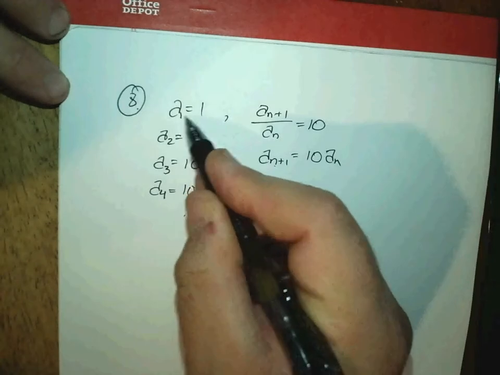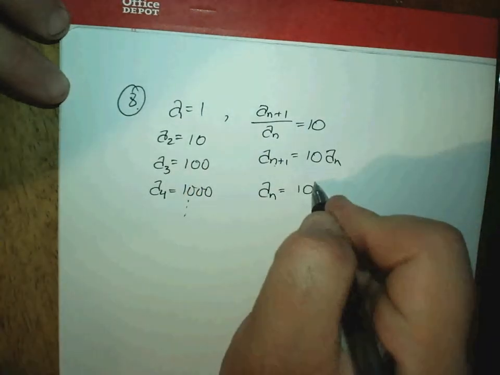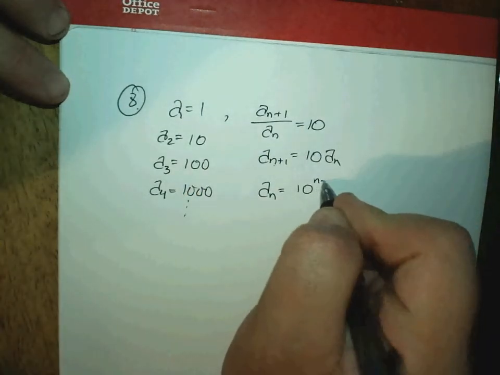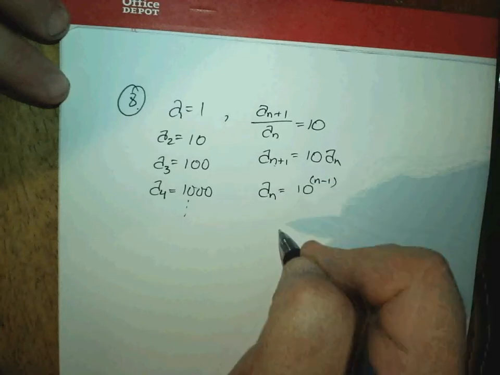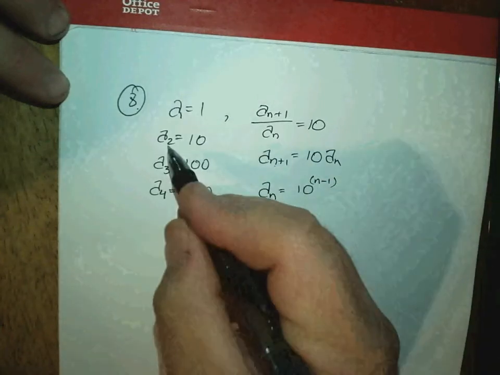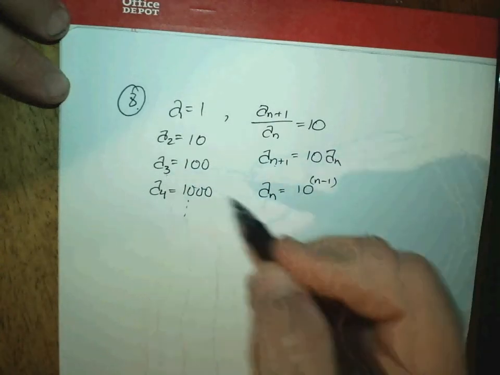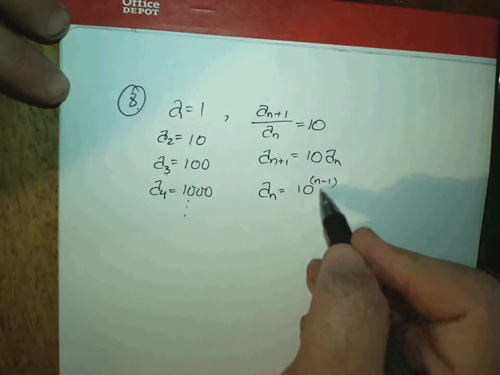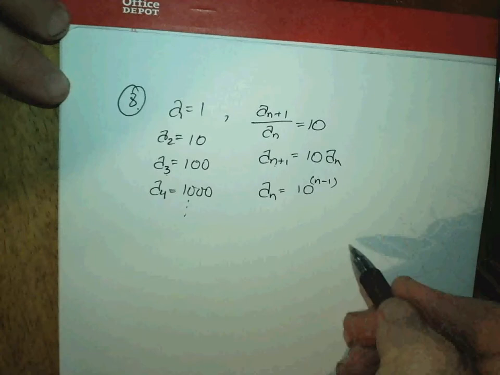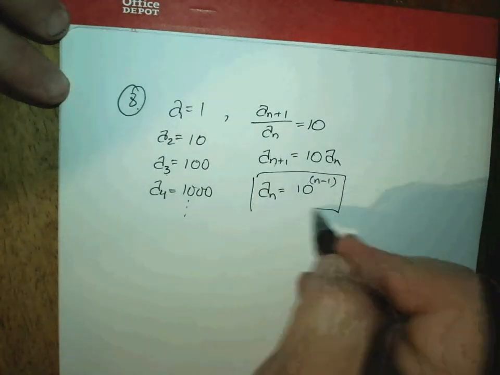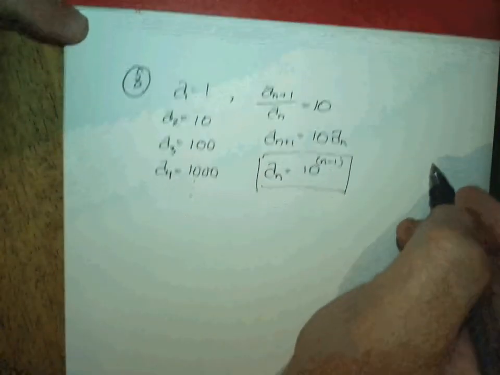When n is 1, you want 1. You want this to be the 0 power. So take n minus 1 as the power. When that's 2, 2 minus 1 is 1, 10 to the 1 is 10. When the subscript is 3, 3 minus 1 is 2, 10 squared is 100. It works fine. This is a generating function for that sequence.